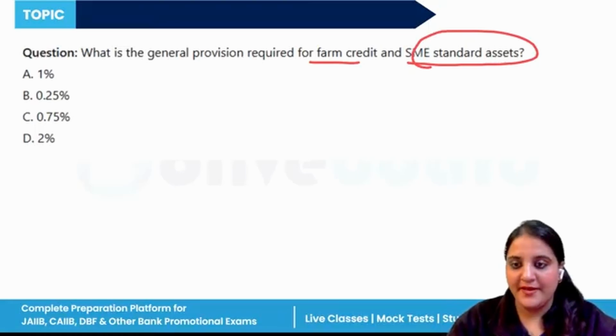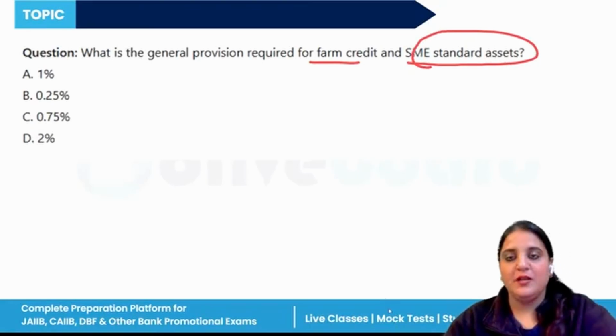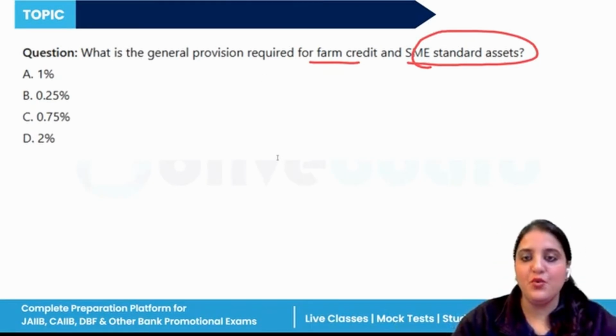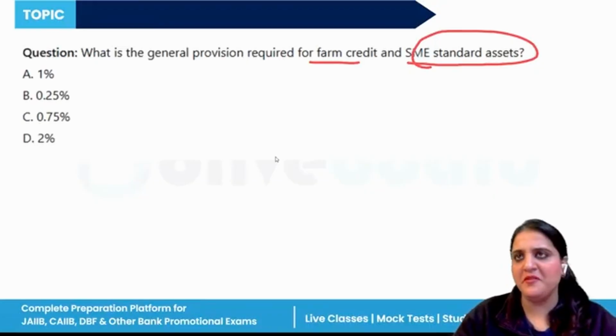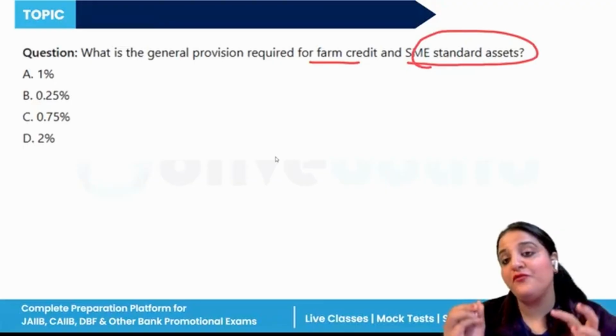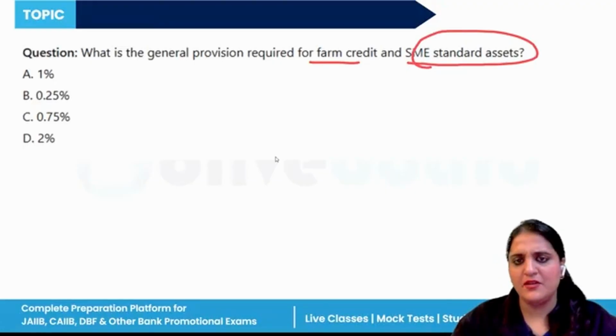Again, imagine one more thing. Suppose you are a managing branch in Pune. Your bank has given various types of loans to farmers, small businesses, builders, and housing borrowers. Most of these borrowers are paying regularly, so their accounts are considered standard.